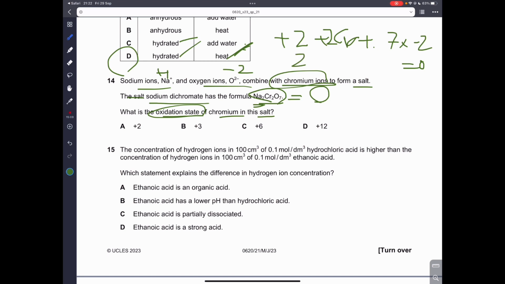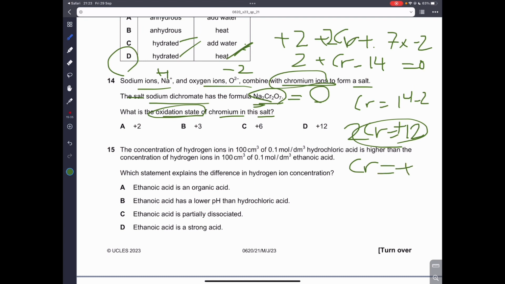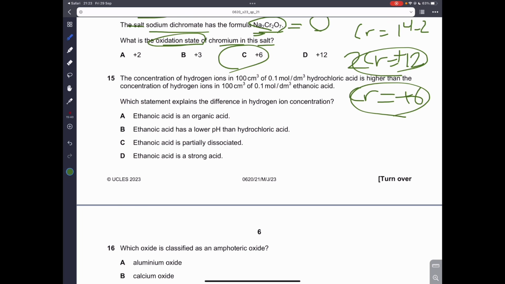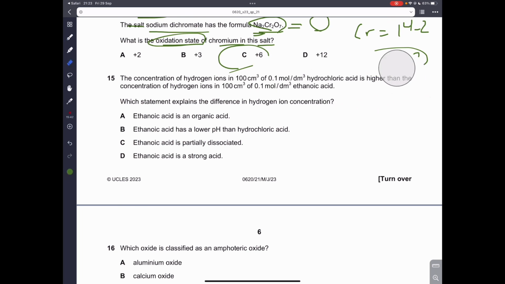So 2 plus Cr minus 14 equals 0. If we rearrange the equation, Cr is going to have a charge of +12. However, this is for 2Cr, so we have to divide it by 2 again. So Cr is going to be +6. Okay, moving on to the next question.